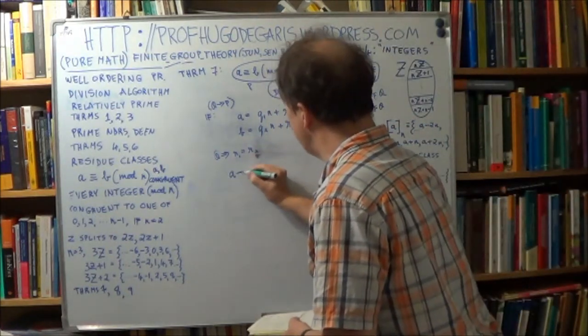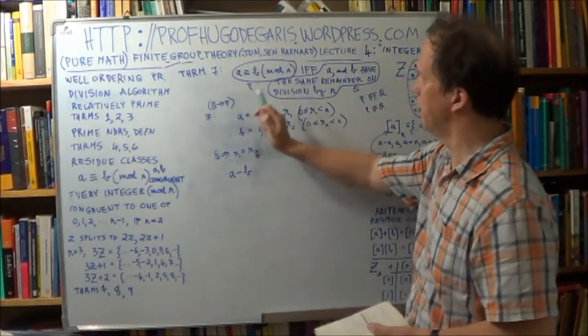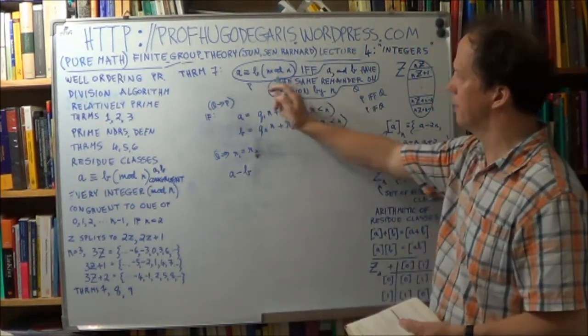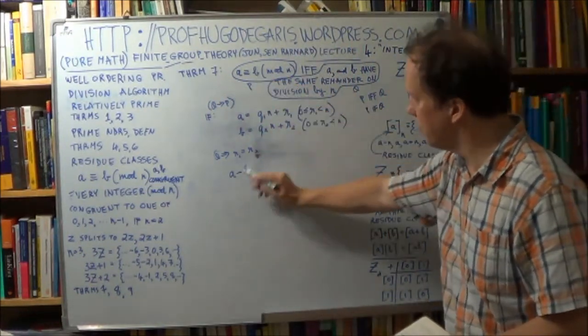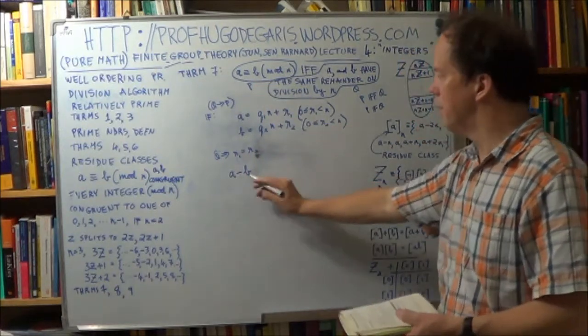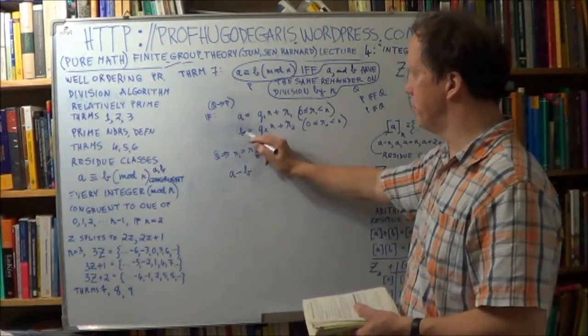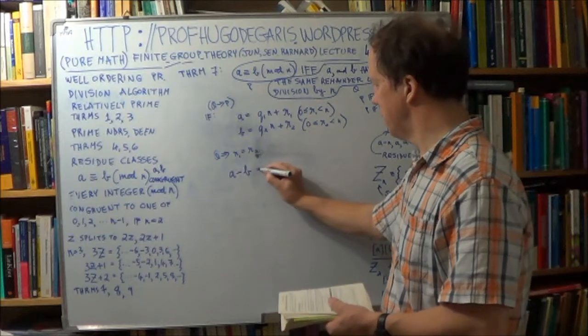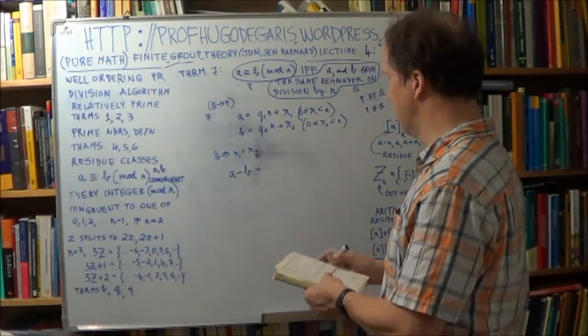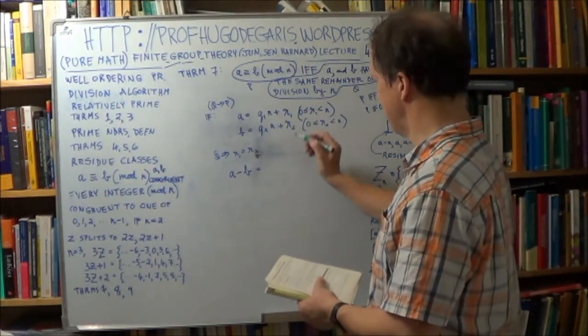So therefore A minus B. We're heading towards this now, because the definition of congruence involves A minus B. Now we know what A is, we know what B is, so we can find the difference. So A minus B is, you just plug in that minus this.